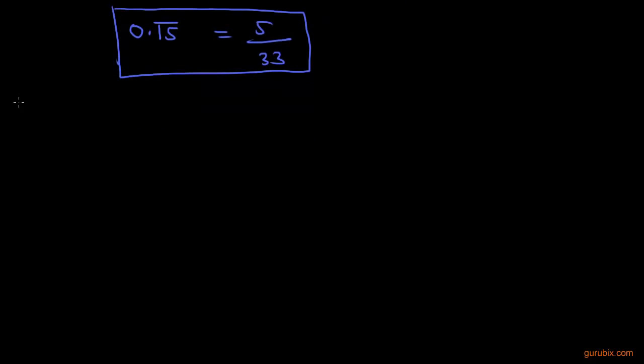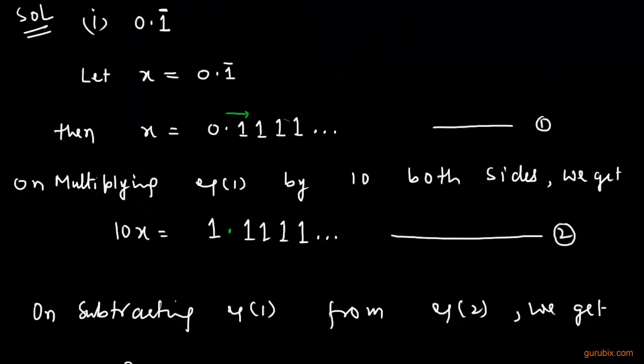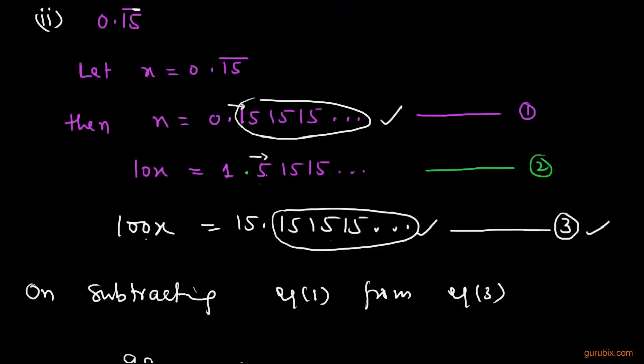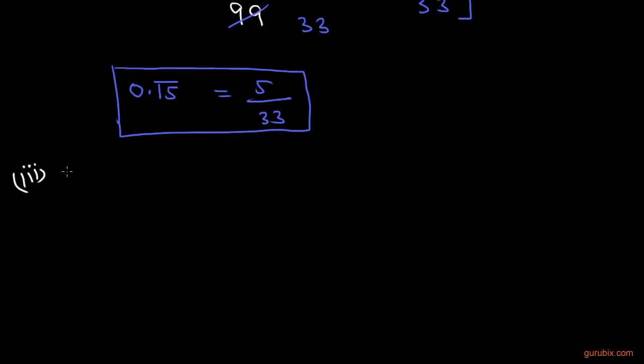Now we shall move to the third part of the example, and the third part is 0.23 bar, where the bar is on 3 only, not on 2, you can observe.